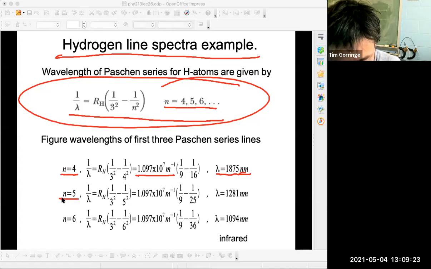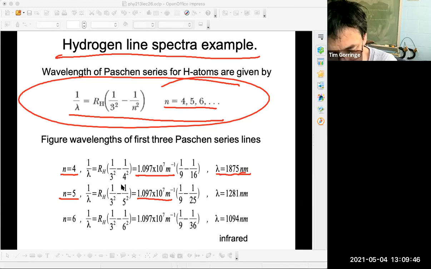If you do the n equals 5 case, again, to find the inverse wavelength, you just take this empirical equation for the Paschen series, and we're going to multiply the Rydberg constant, RH, by this difference of two fractions, 1/3 squared minus 1/5 squared.